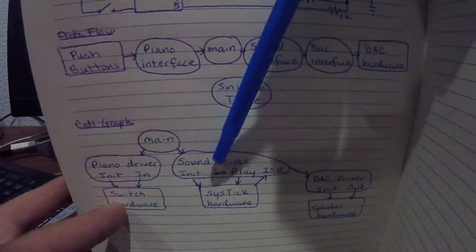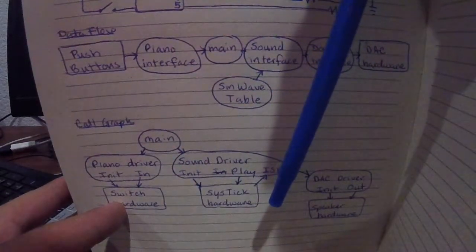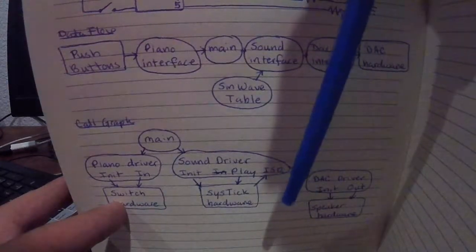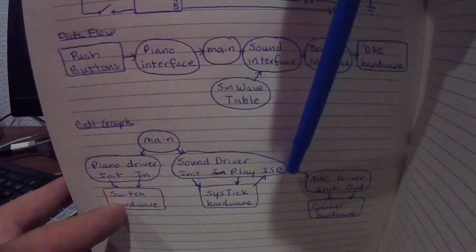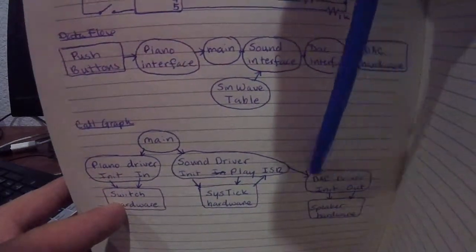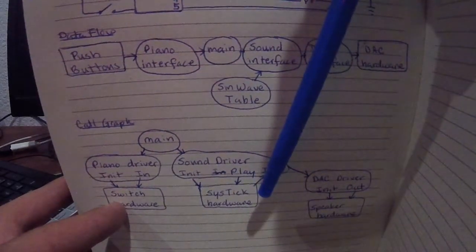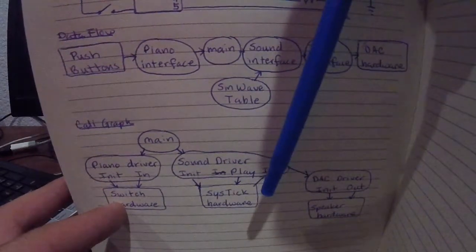Then you have the sound driver, which also initializes the SysTick hardware, which is basically an internal clock in the microcontroller. And we'll use that clock to not only interrupt the system and call the DAC, but we also initialize it in a way that will allow us to output different frequencies.